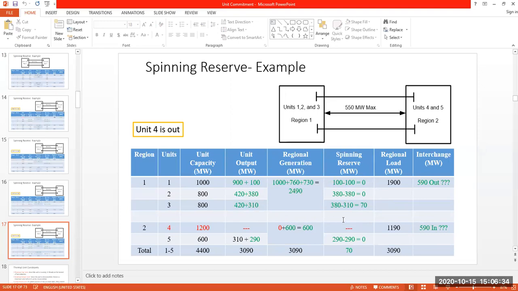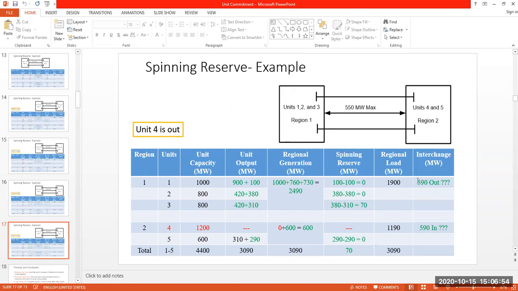So the question is, do I have sufficient reserves? The answer is yes. I had 380 here, 380 here, and 100 here. So I take 100 from here, 380 from here, and 310 from here.